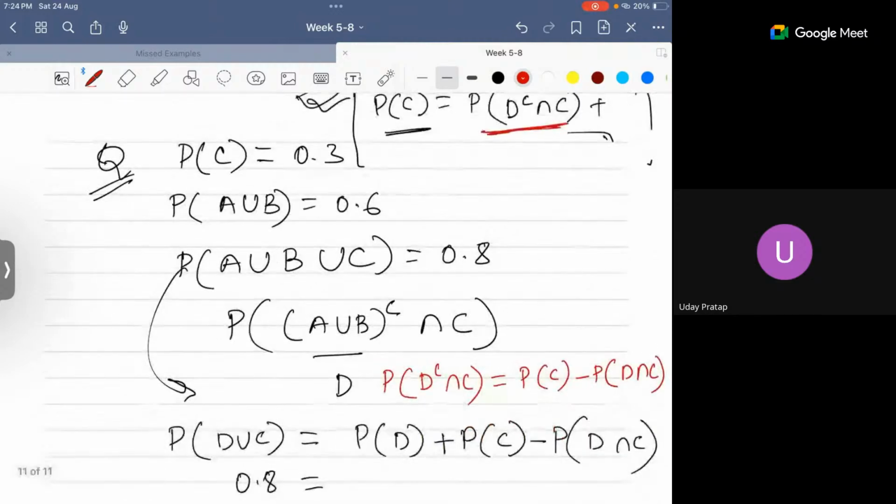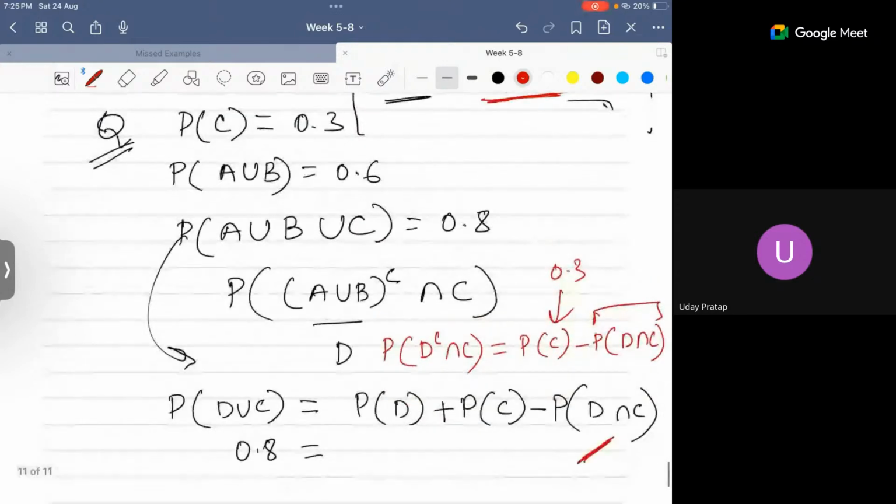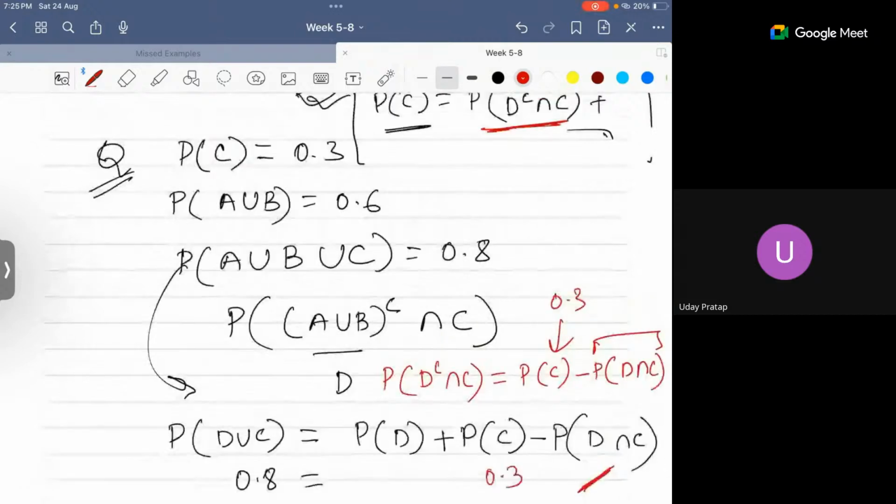Now what do you need? This you already have, 0.3. What you need is the probability of D intersection C. How will you calculate this? Is it given? No, not given. From here you can calculate it. This is 0.3, and the probability of A union B is 0.6.